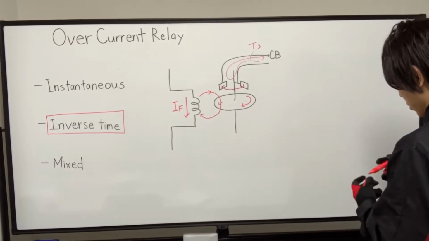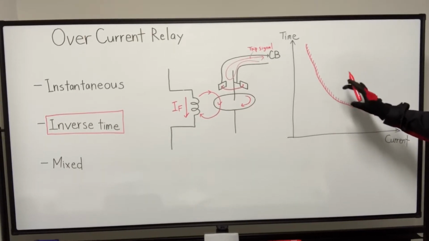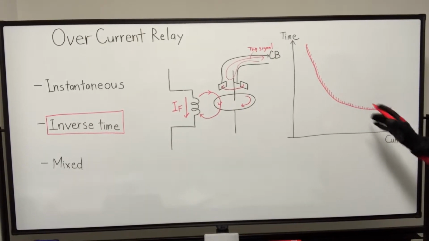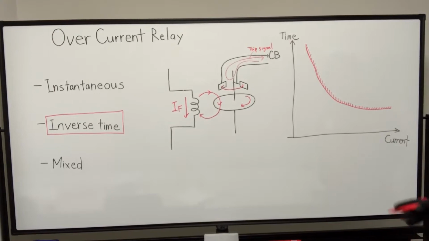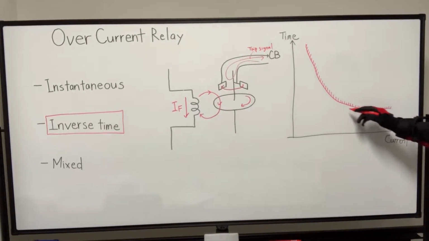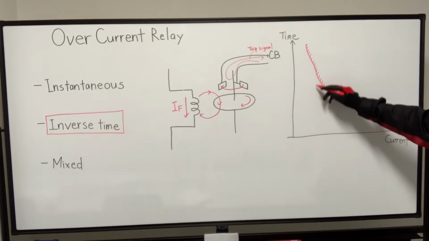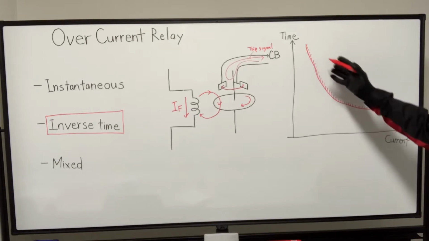And the circuit breaker will trip. And this diagram represents that statement. So with higher forward current the relay operates faster, and with lower forward current the relay operates slowly.